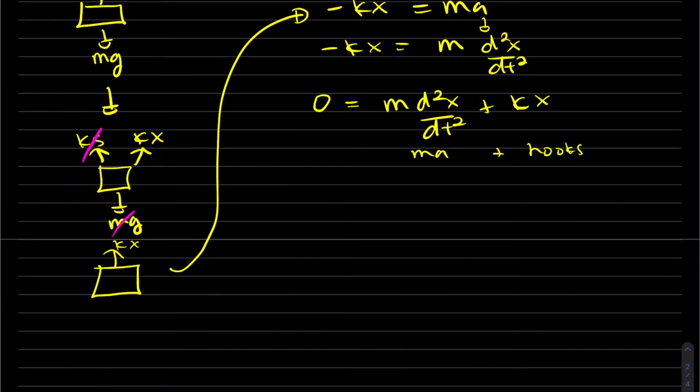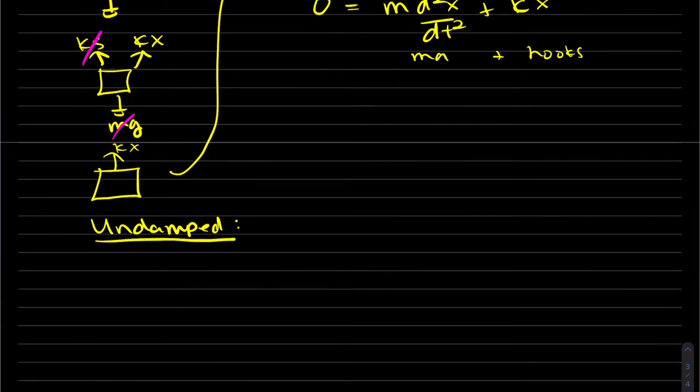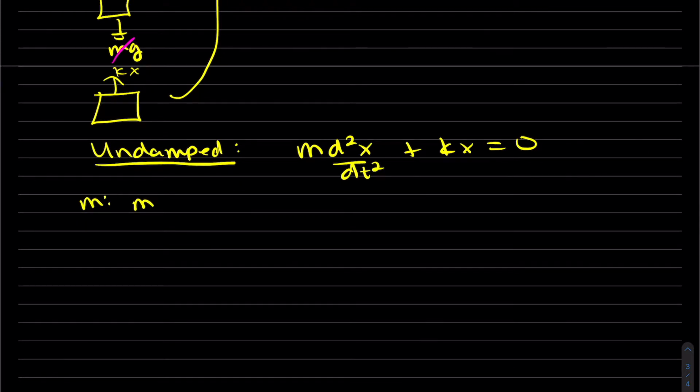Okay, so this is our equation in general for undamped: m d squared x dt squared plus Kx equals 0. Again, where m is our mass, K is our Hooke's spring constant.